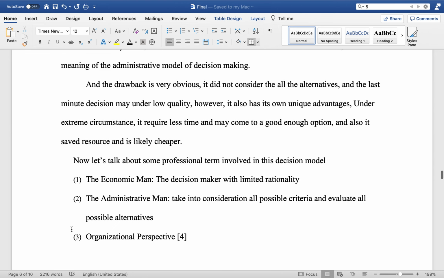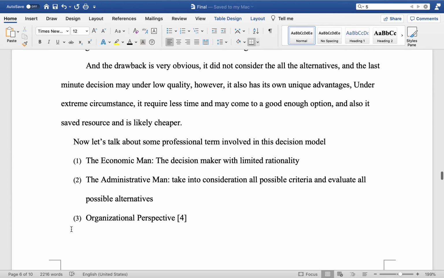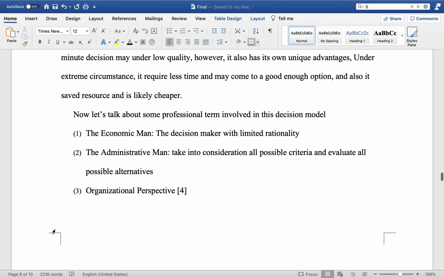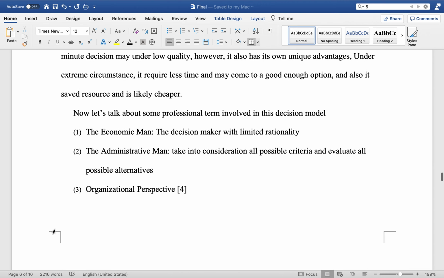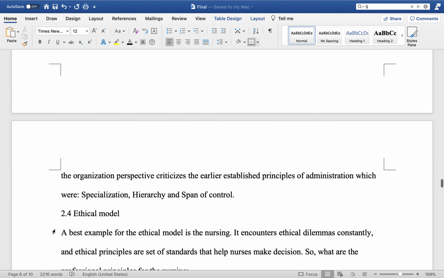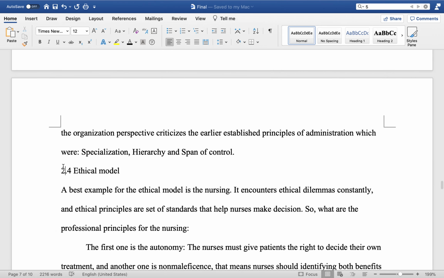There are some professional terms involved in this decision model. The economic man, that is the decision maker. The administrative man, that is taking into consideration all possible criteria and evaluating all possible alternatives. The organizational perspectives.